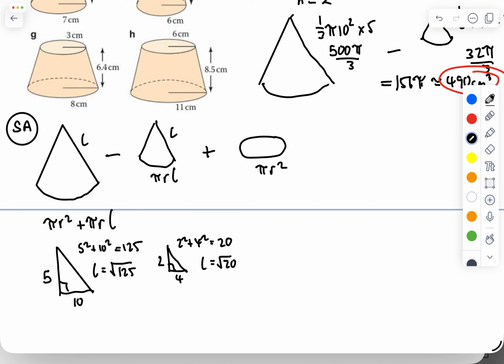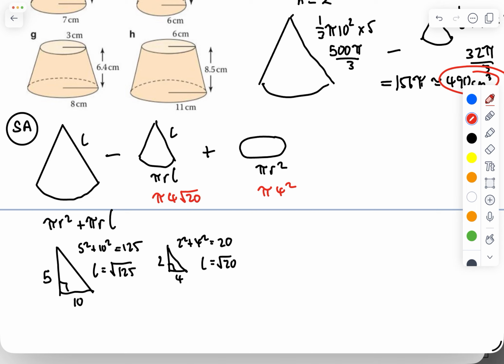So now, the only thing I've got left to do is to work out. So I'm going to subtract that from that. I'm going to add my pi r squared, and the small lid is going to be pi times 4 squared. Okay, and my pi r l is going to be pi times 4 times the square root of 20.